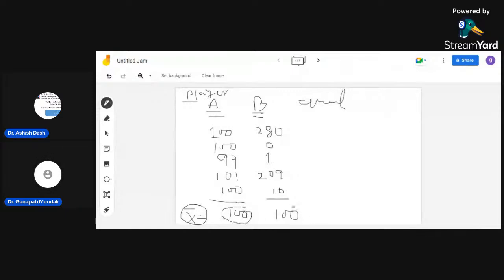Both are the same, but does it indicate that both players are equal? No, because player A is a stable player and player B is an unstable player. In one game he scored 280, and in another he got out without scoring a run.